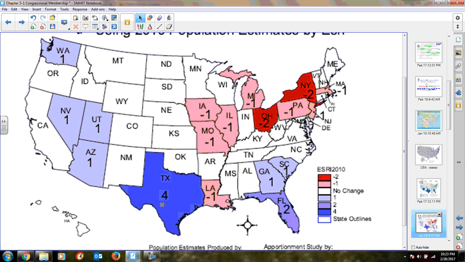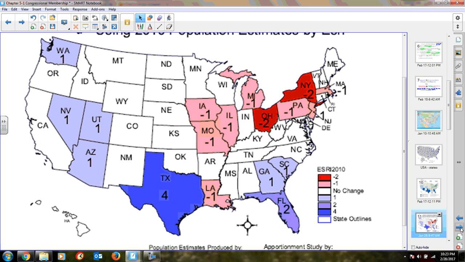In the last 20 years, Texas has gained 6 representatives. That's a tremendous population shift. We're not quite sure what's going on over in Washington State, but their population has steadily grown as well. By studying the way the representatives shift, we can actually study the way our population shifts.